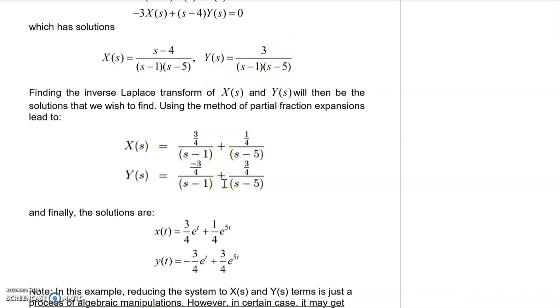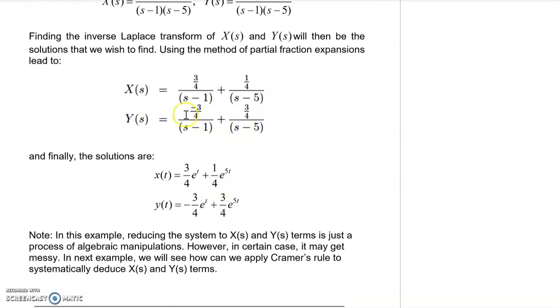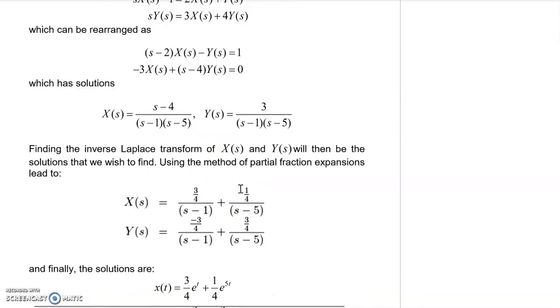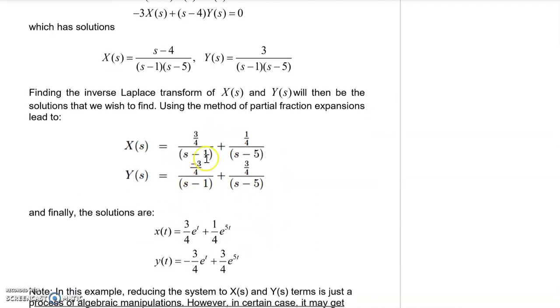Finally, we take the inverse of the right-hand side of these two equations to get the solution here. Those are the steps. The bulk of the work is actually here, when you go from here to here, when you want to get the inverse transform.